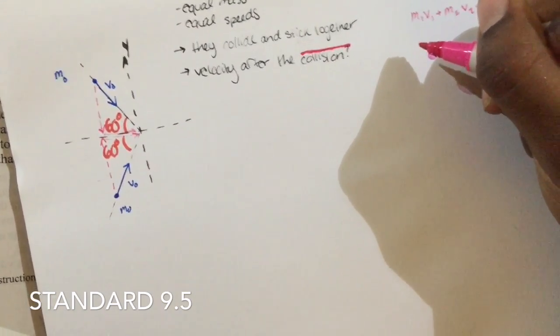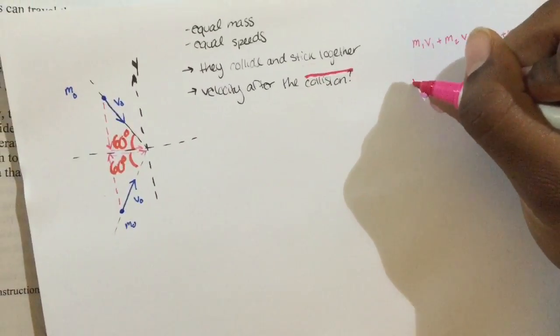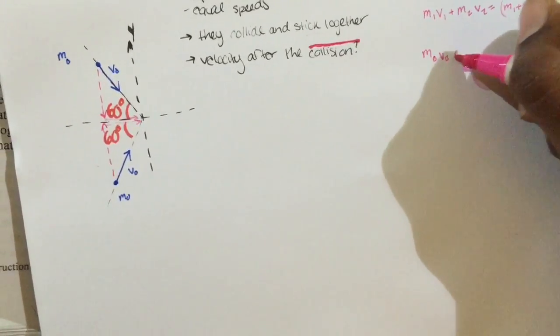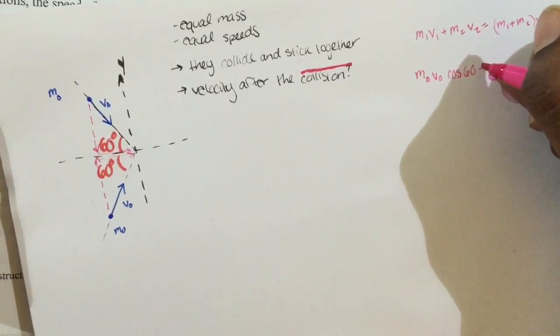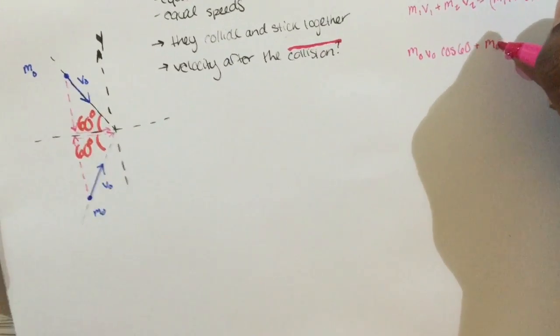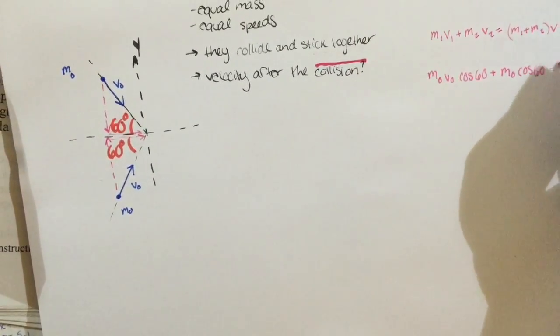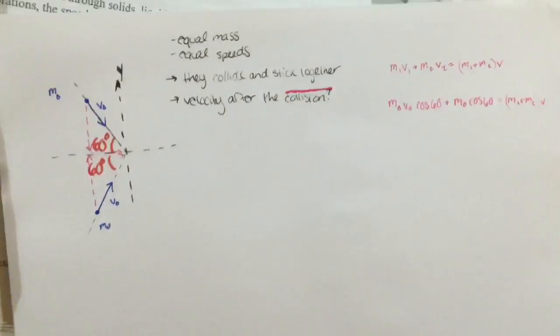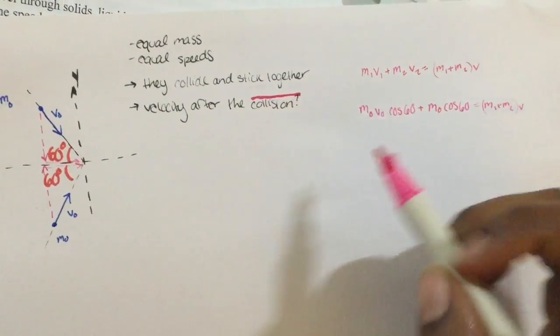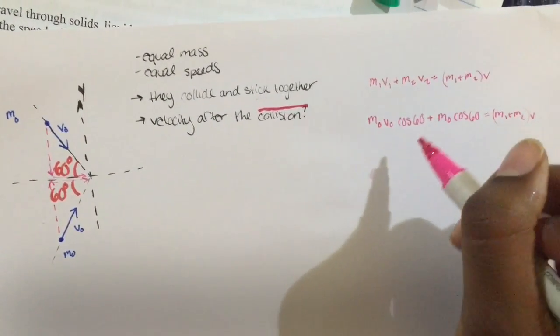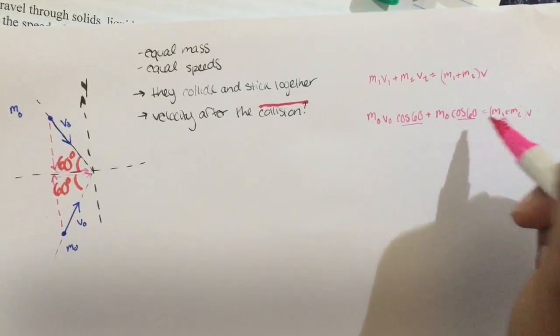So for the first one, the cosine of 60 is a half.